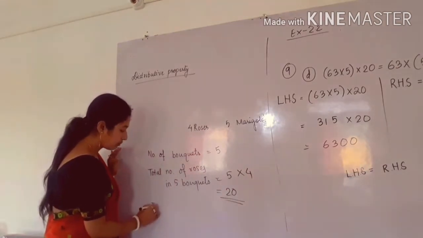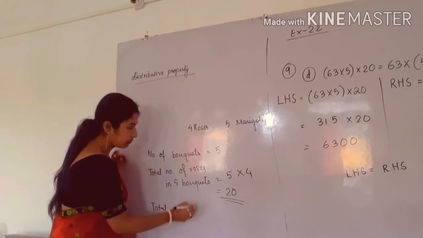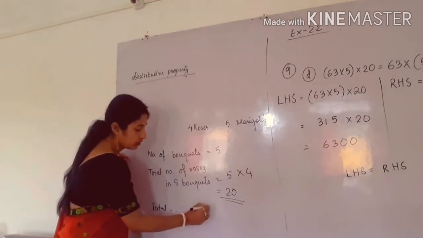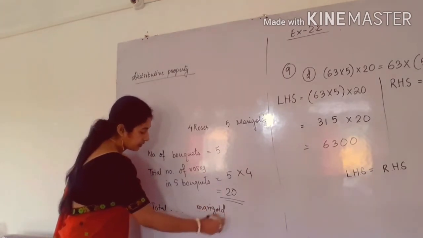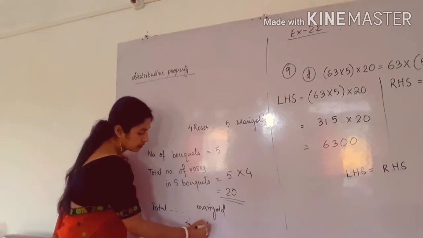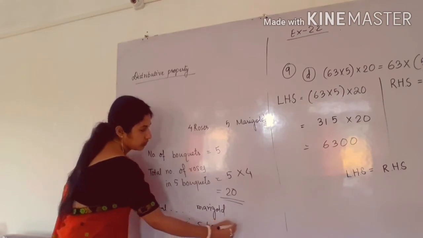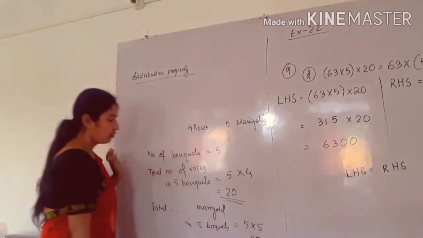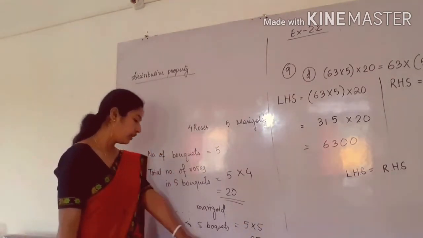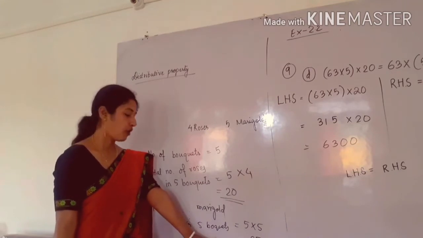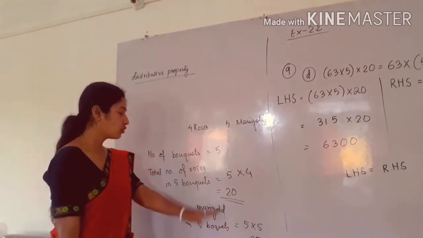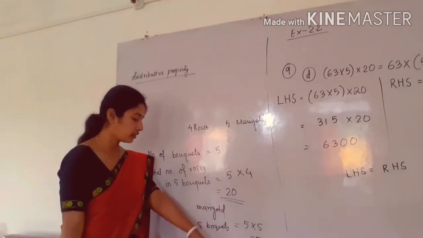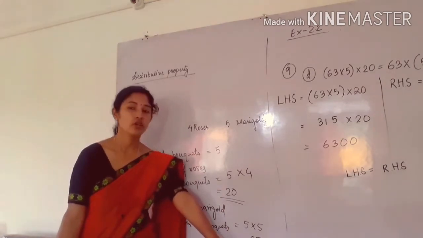Similarly, you have to write the same statement: total number of marigolds in 5 bouquets will be what? 5 into 5, that will be 25. So we need 25 marigolds for 5 bouquets. That means the total number of roses is 20 and the total number of marigolds we need is 25.